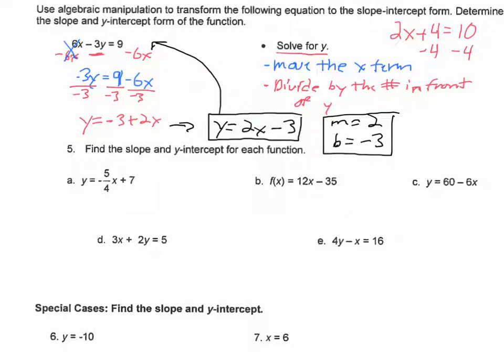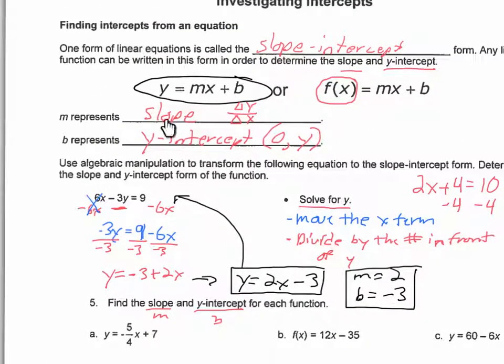In number 5 here, they say find the slope and the y-intercept for each function. When I hear them ask me to find slope and y-intercept, I'm going to remind myself that slope is m and y-intercept is b. Remember that from the top of the notes right here? M represents the slope, which is the change in y over the change in x. And b represents the y-intercept, which is our 0, comma, y point on the graph.